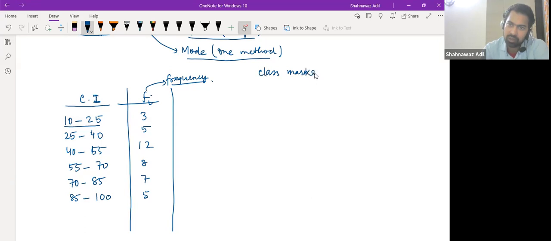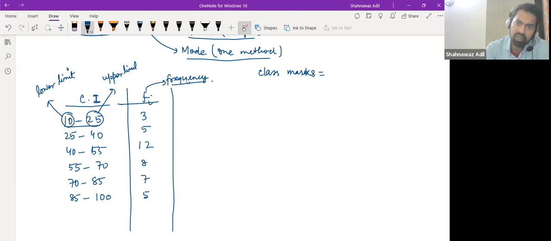The important thing that we calculate from here is called the class marks. This is the lower limit and this is the upper limit of the class interval.